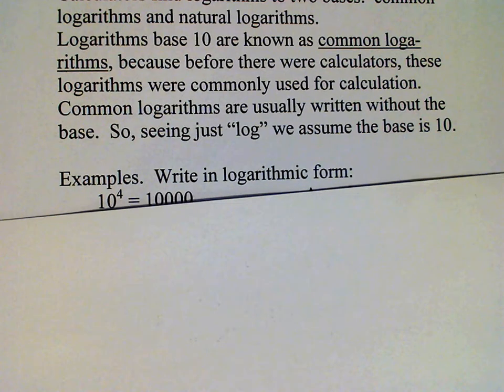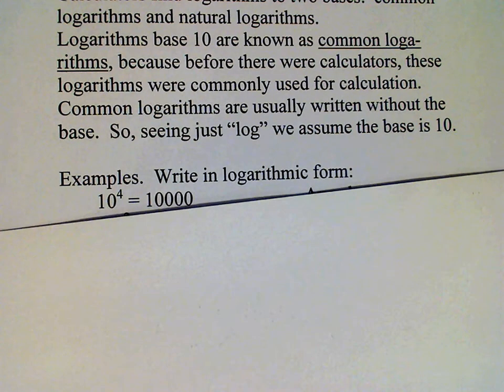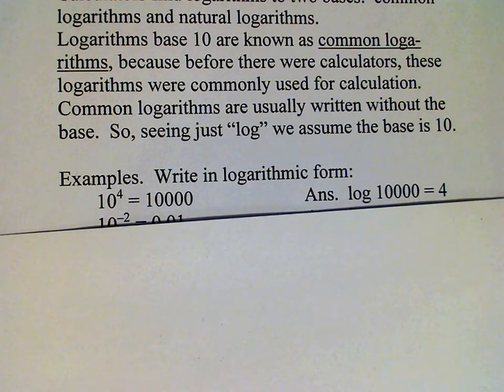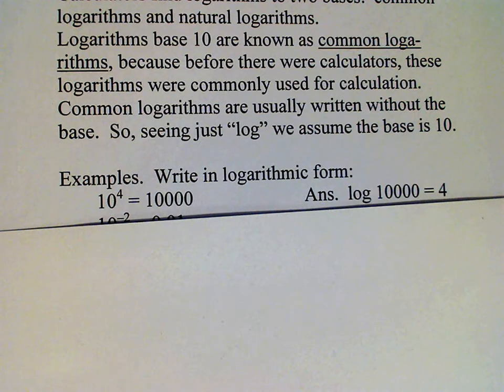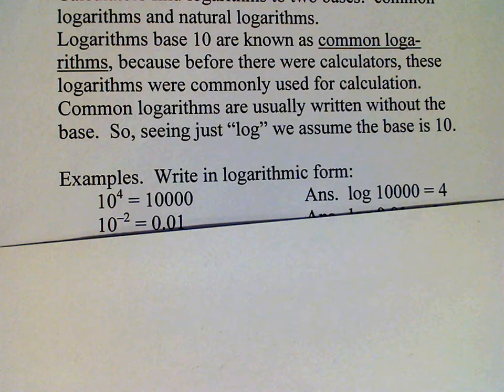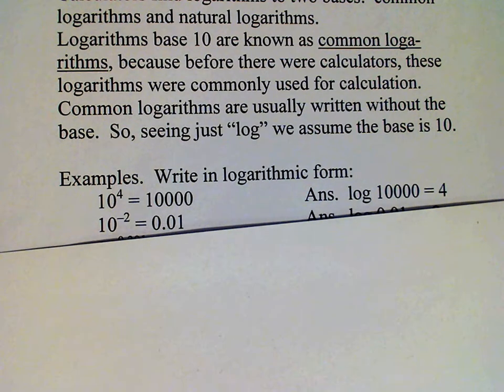Okay, so let's do just a few more examples of that. 10 to the fourth power equals 10,000. So without the subscript, we write log 10,000 equals 4. There it is. Remember that log without the subscript, base 10 is assumed. 10 to the negative 2 power equals 0.01.